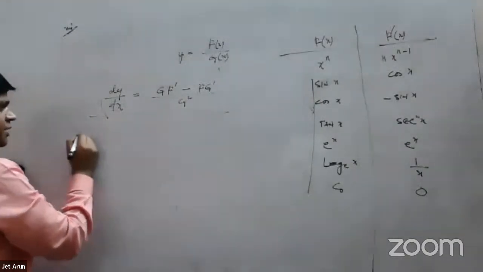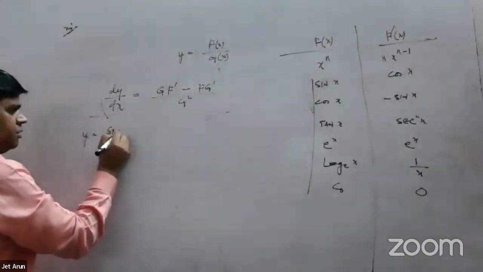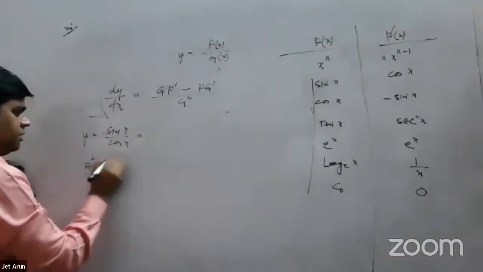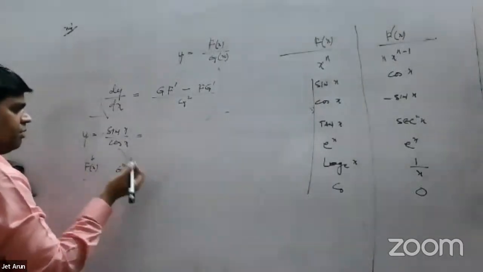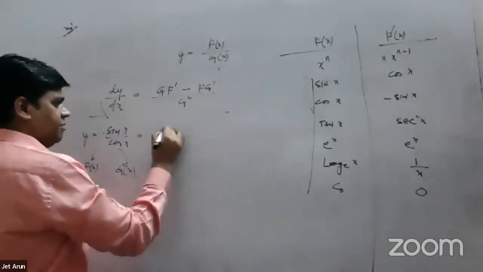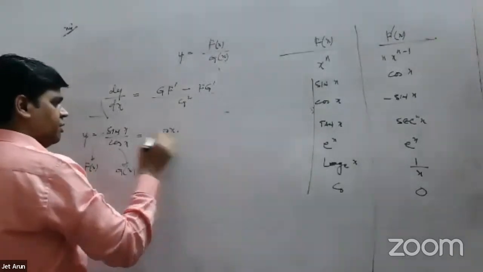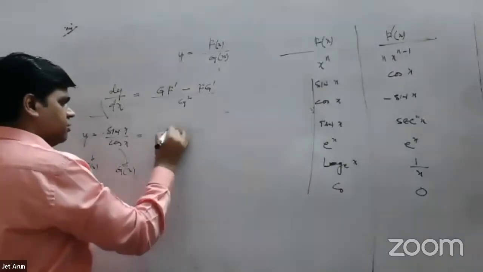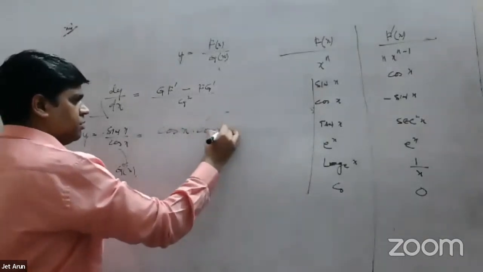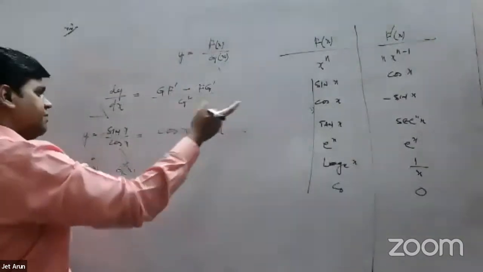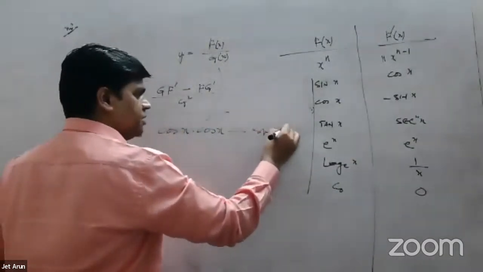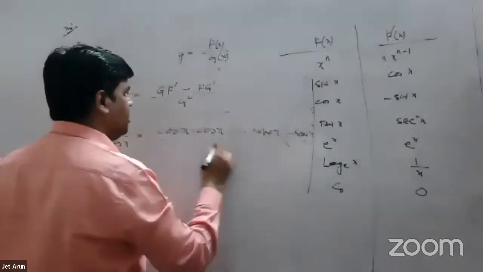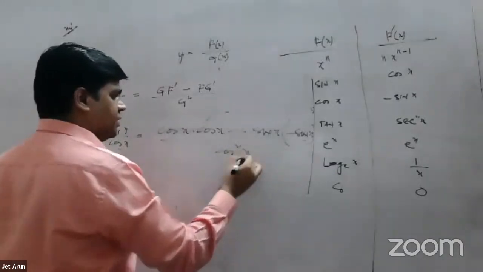Now let us do sin x by cos x. Let this be f of x, and let this be g of x. So cos x times derivative of sin x, which is cos x, minus f g dash, sin x, derivative of cos x is minus sin x, by cos square x, g square.